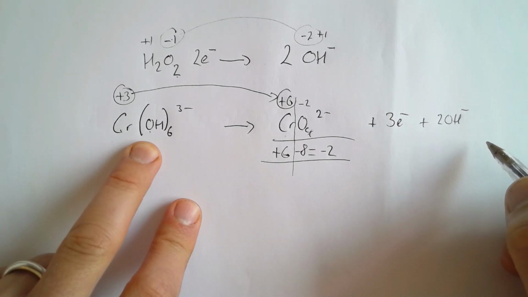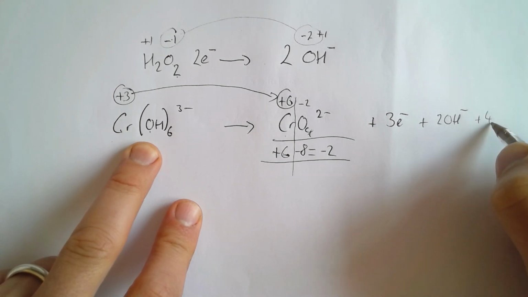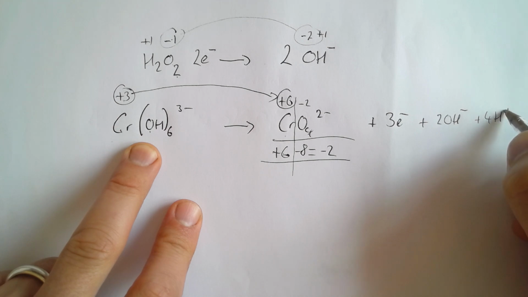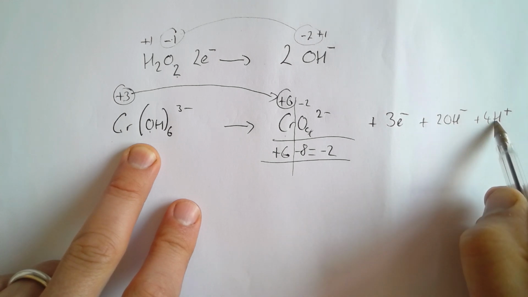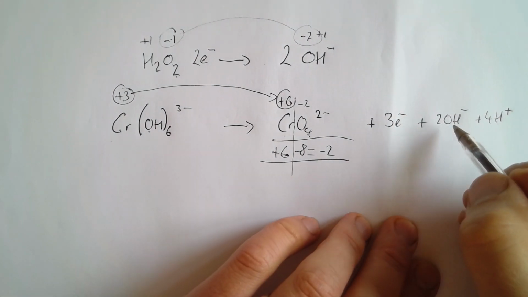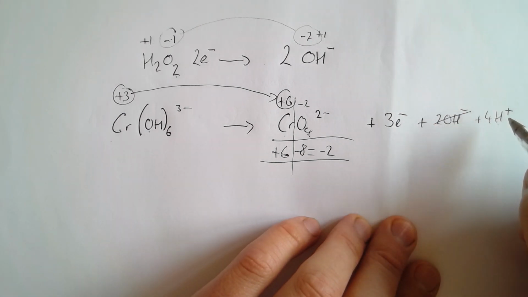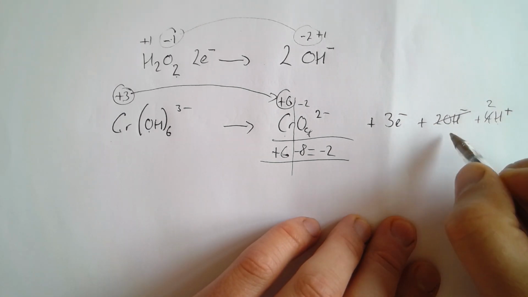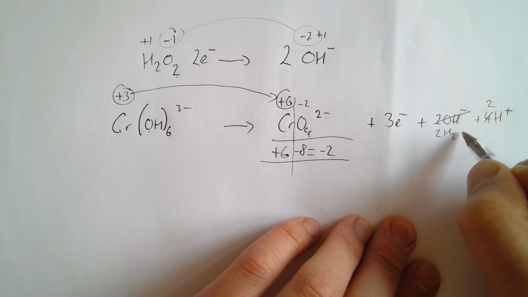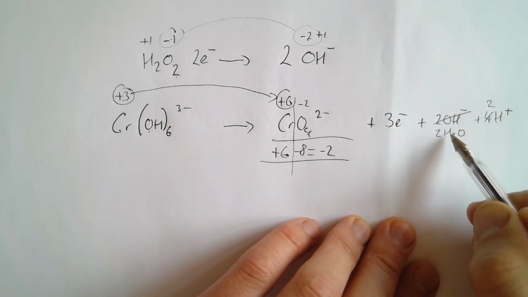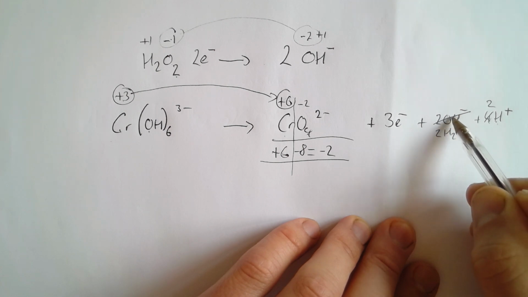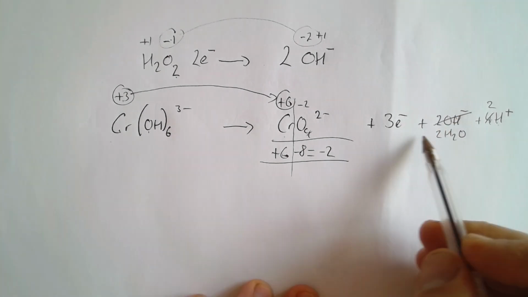We also end up with 4 moles of H plus being released. But because we've got hydroxides and H pluses, we can cancel out 2 of those and replace that with 2 moles of H2O. So 2 of these H pluses, which were the 4, migrate for neutralization here. So this is what's going off here.